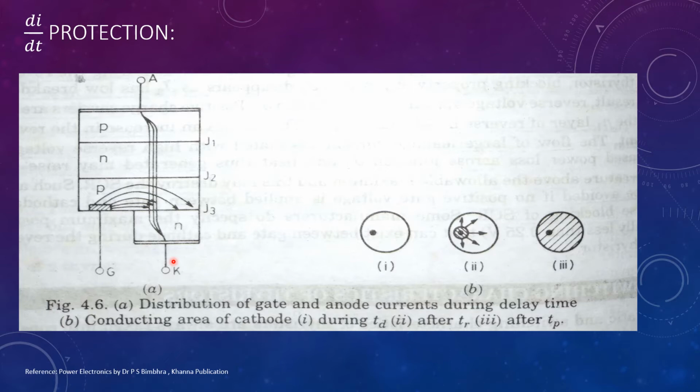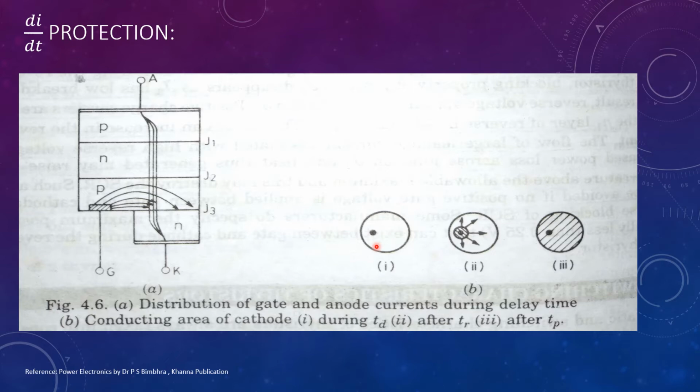However, if rate of rise of anode current, that is di by dt, is large as compared to the spread velocity of carriers, local hotspots will be formed near the gate cathode junction on account of high current density. This localized heating may destroy the thyristor.